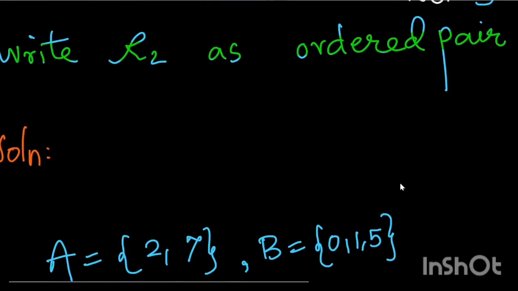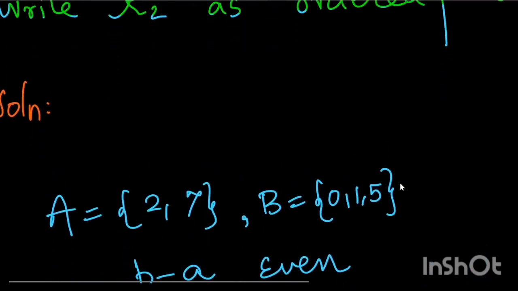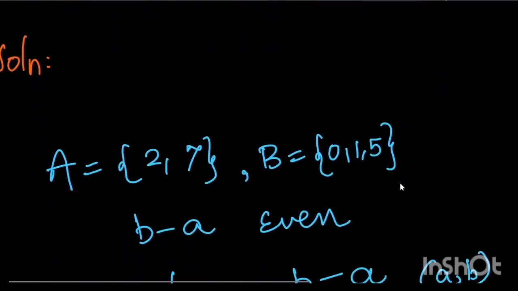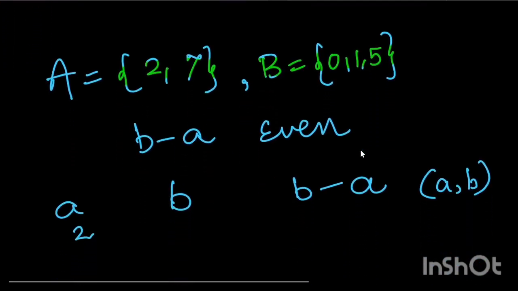So the solution would be: A and B are given, so we will put in the values of A and B and find b minus a. We can take a as 2 and then see which b should fit to make b minus a an even number.